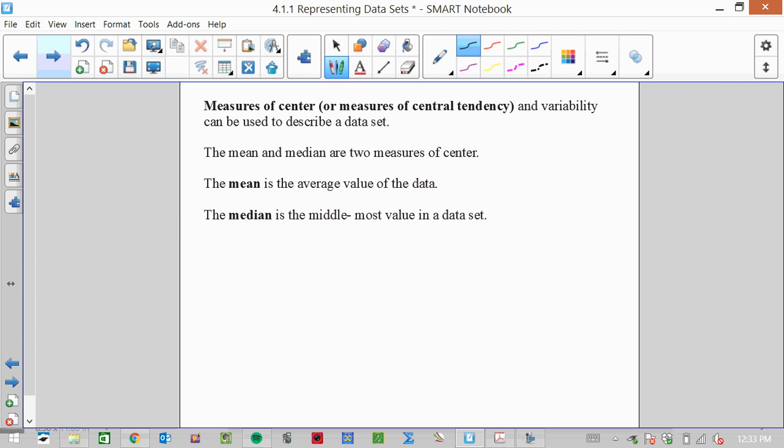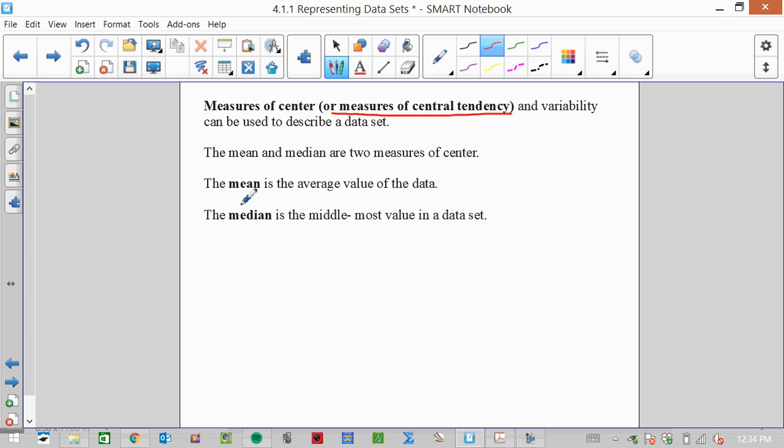A couple of numbers that you've seen before are mean and median. I know that you've calculated those before. We call those measures of center, or sometimes they're called measures of central tendency and variability.